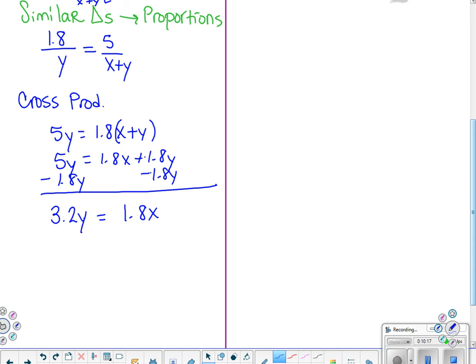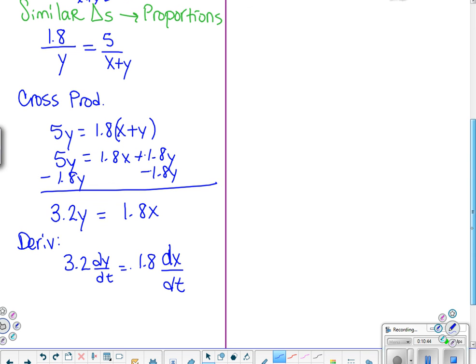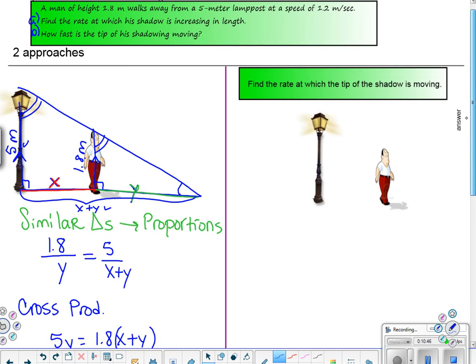So now it's derivative time. 3.2 dy/dt equals 1.8 dx/dt. Okay, I need to look back because I bet I was given some more information that I did not write down, so I'm going to reread.